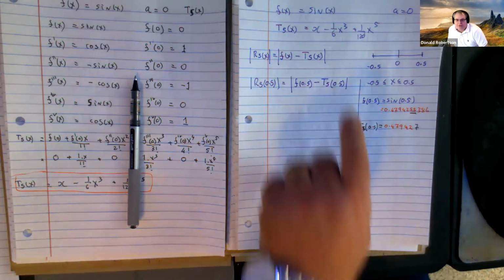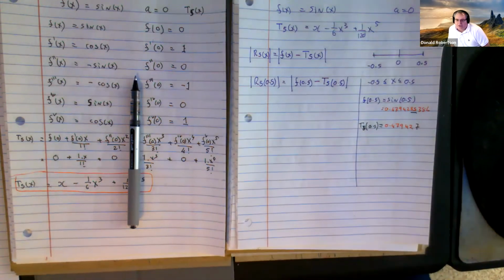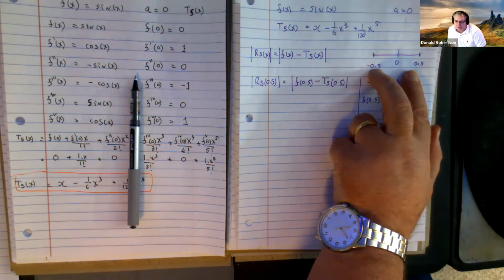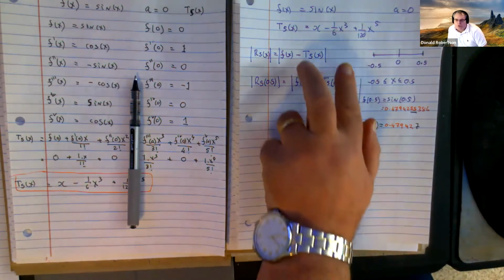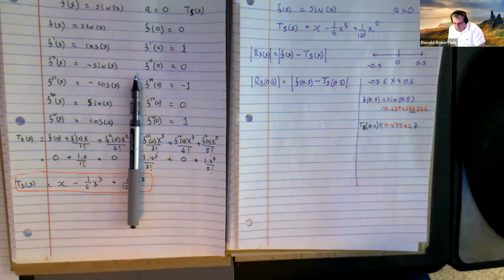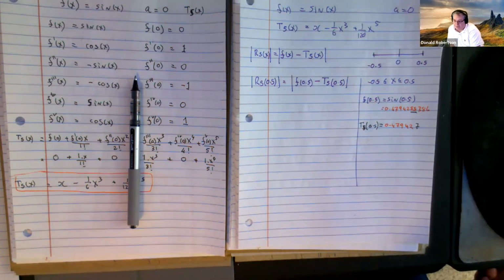So if you want to find the sine of x, and the angle that you're using is somewhere between plus or minus a half radian, if you could memorize this polynomial, couldn't you get the answer good to 5 decimal places just by using a cubic? That's pretty impressive. Which is why I think the TI-84 does exactly that.